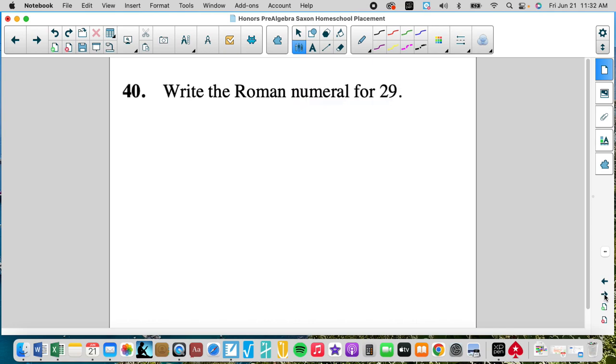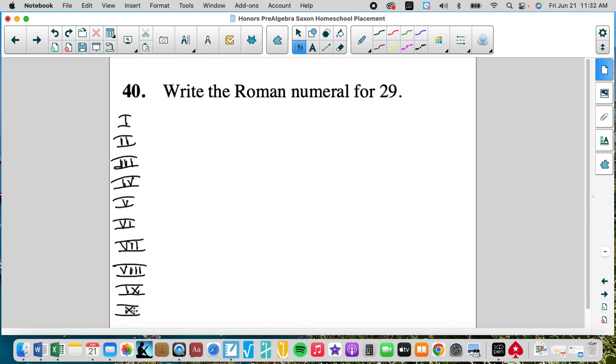Write the Roman numeral. Love this problem. Oh, I mean, this reminds me of 5th grade. So Roman numerals, you have 1, you have 2, you have 3, you have 4, you have 5, 6, 7, 8, you have 9, and you have 10. Love those. And then you have other crazy stuff.